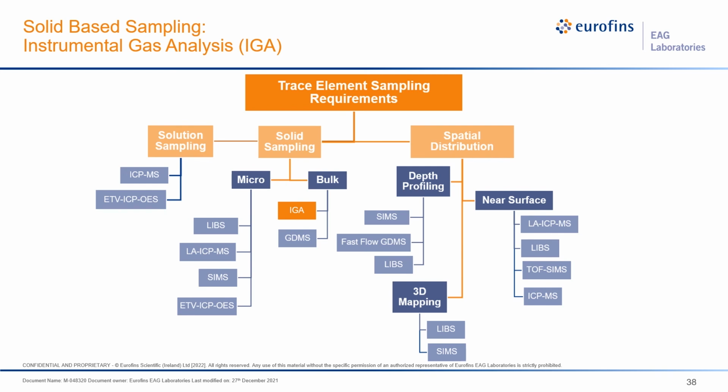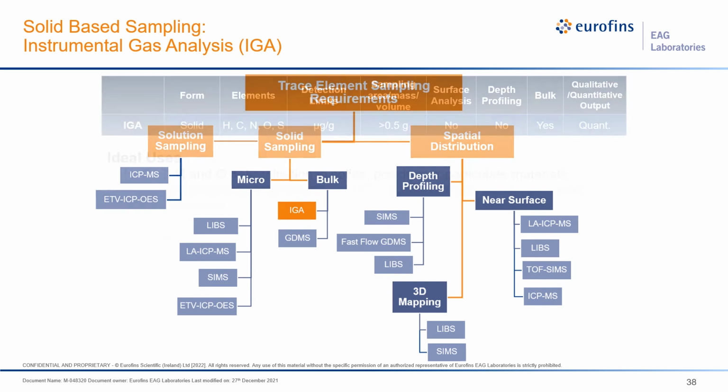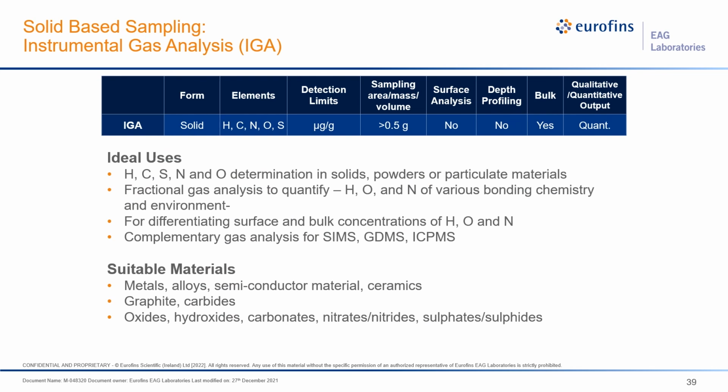IGA is really an industry standard technique for analyzing gas-forming elements in materials like steel, metals, and alloys. It has excellent detection limits, ppm levels, and although it doesn't provide any spatial information, it is really the go-to for quantitative gas information.